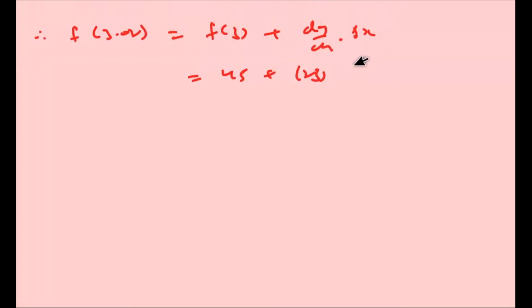Hence f(3.02) equals f(3) plus dy by dx into delta x, equal to 45 plus 23 into 0.02, and solving this we get 45.46. So this is the required solution.